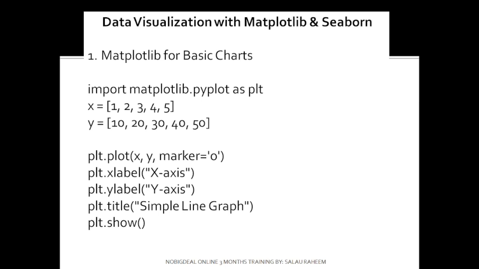We label our x-axis and we label our y-axis. Then we can title our chart, call it simple line graph. Then this last command will make it show. That's the function we will need to make whatever we have plotted here show.